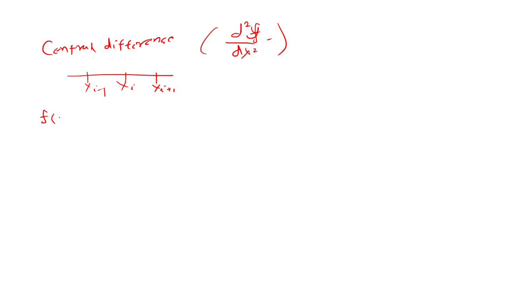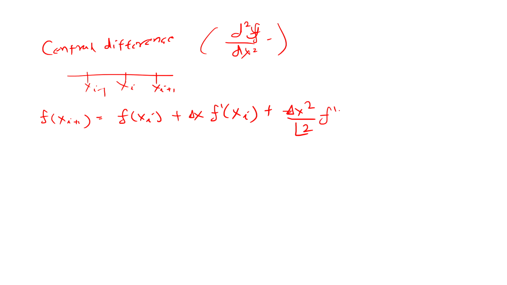I will calculate f of xi plus 1, that will be given as f of xi plus delta x f prime xi plus delta x square upon factorial 2 f double prime xi plus order of delta x cube. And this thing, let us write this down. This will become delta x cube upon factorial 3 f triple prime xi plus order of delta x power 4.